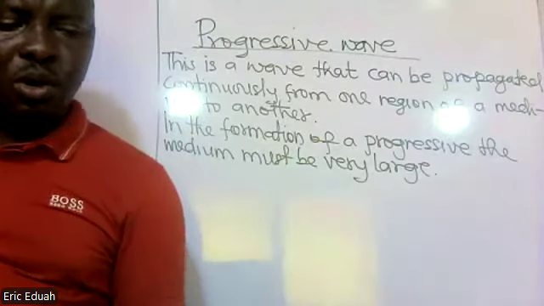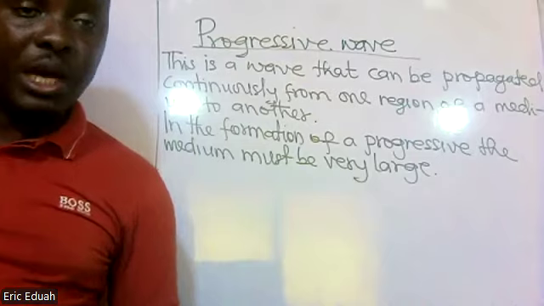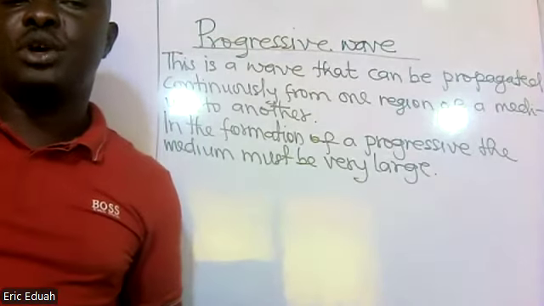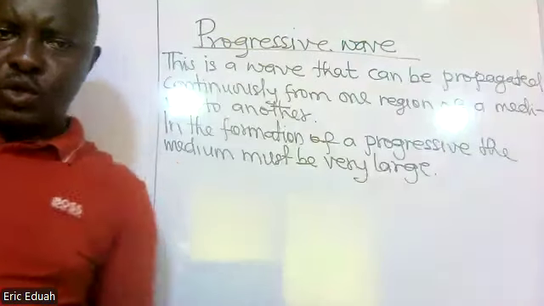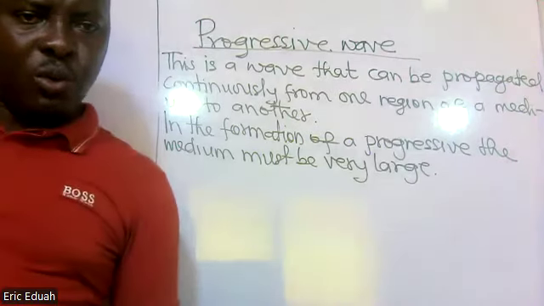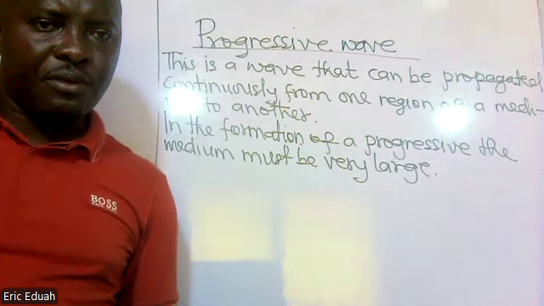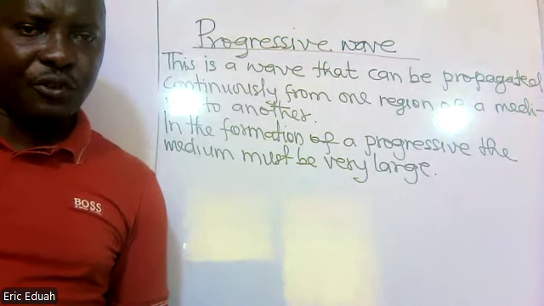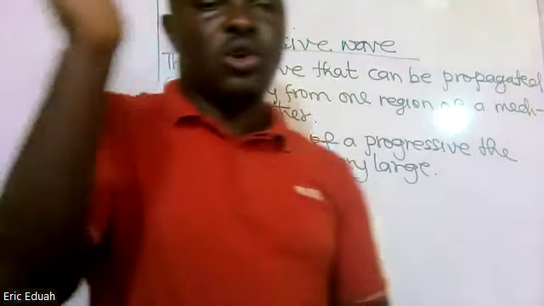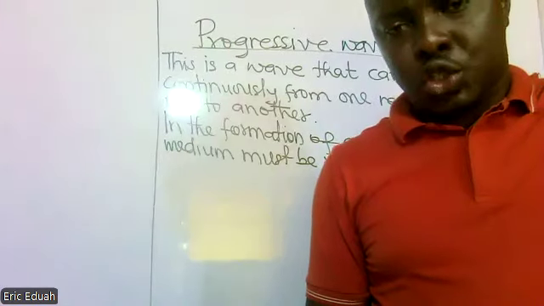An example of a progressive wave is the ocean wave. In ocean wave formation, the water medium is so big. When the wind blows and its energy hits the surface of the water where it actually started from, the energy is propagated on and on continuously till it ends at the shore.